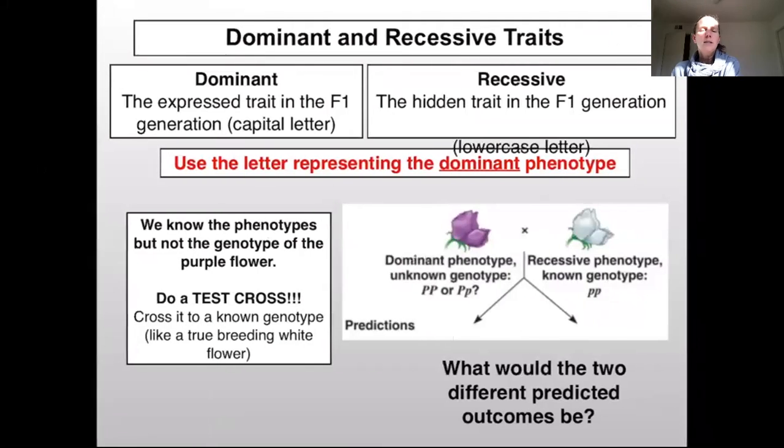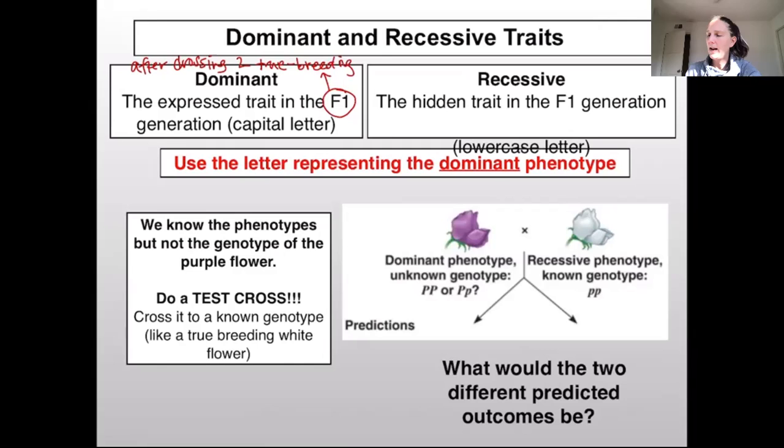All right, so I've been throwing out these words dominant and recessive, so I want to actually define them for you. The dominant trait is the one that is expressed in that F1 generation after crossing true breeding organisms, right?